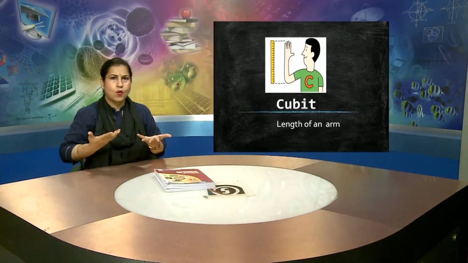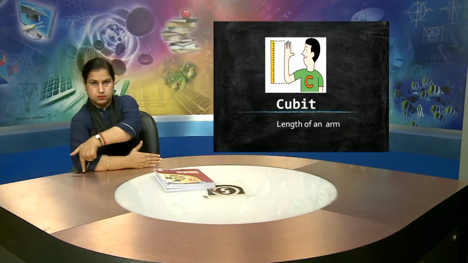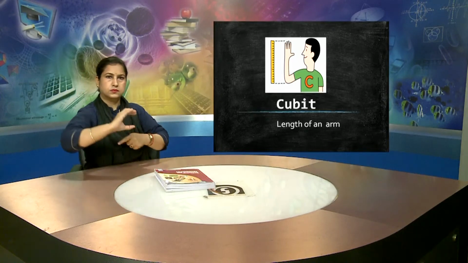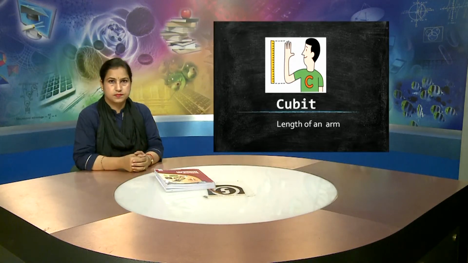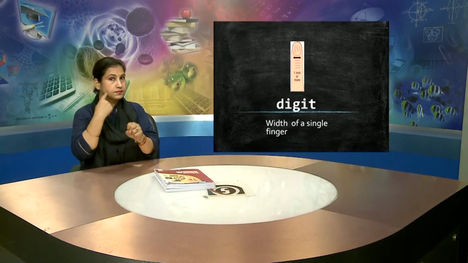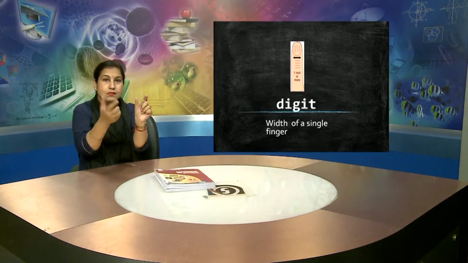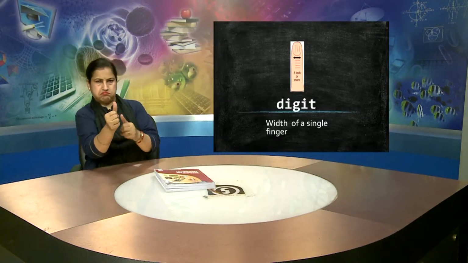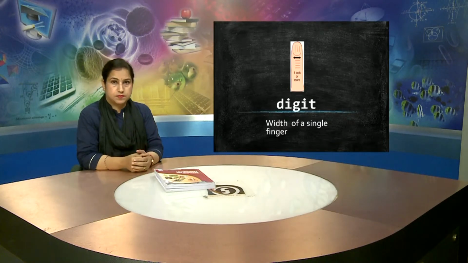Cubit: length of an arm. That is known as cubit. Digit: width of a single finger is known as digit.